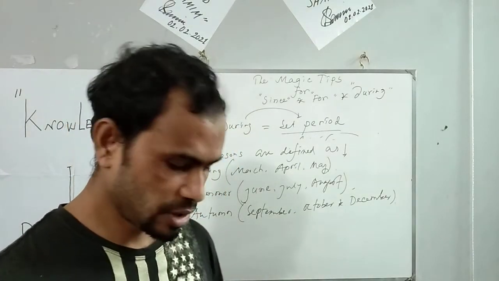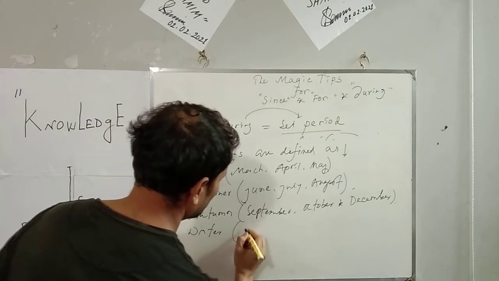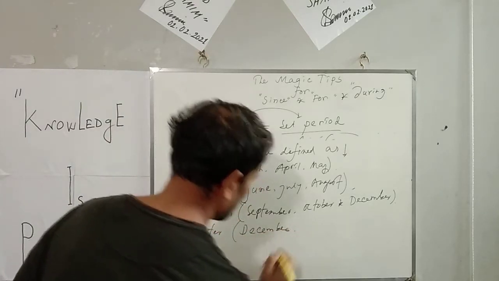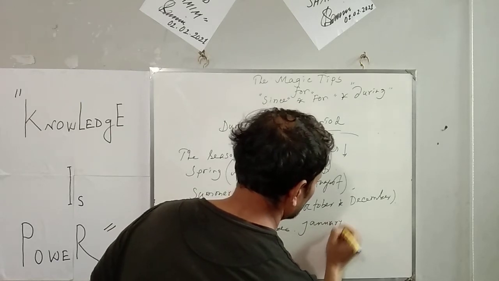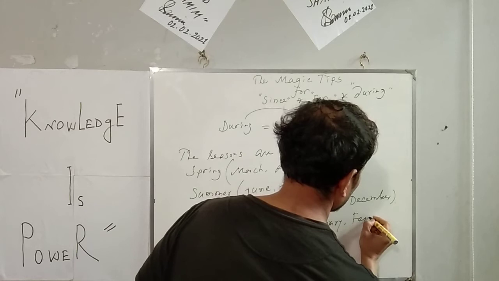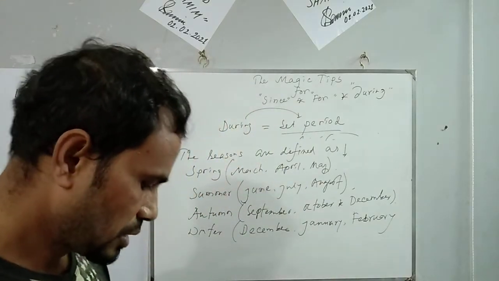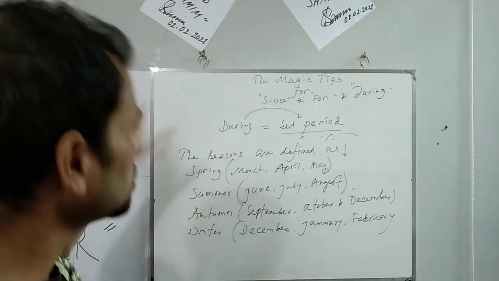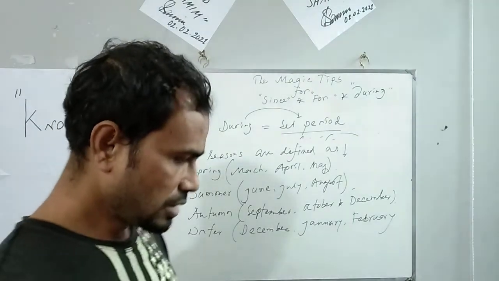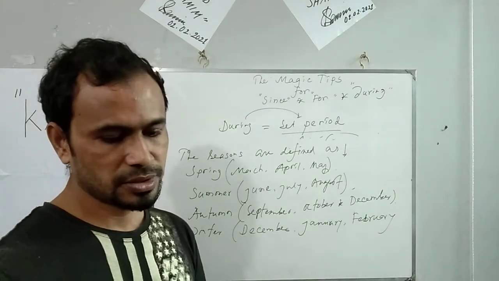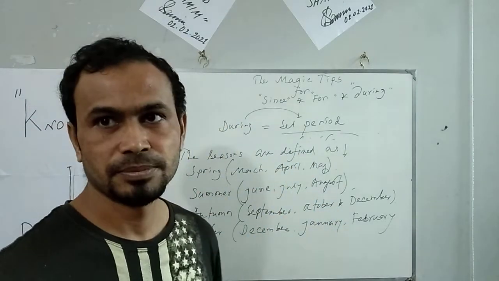And also winter means December, January, and February. Okay, this is a set time, and we use during always. Okay, before set time. I think, my friends, you understood properly what I am trying to say about during means set period.